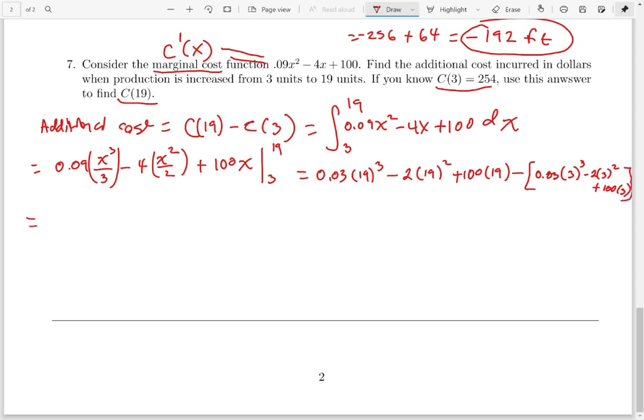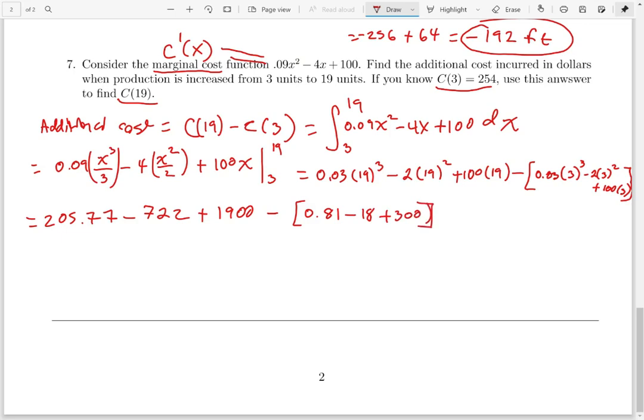And so I get that this is 205.77 minus 722 plus 1,900 minus 0.81 minus 18 plus 300.